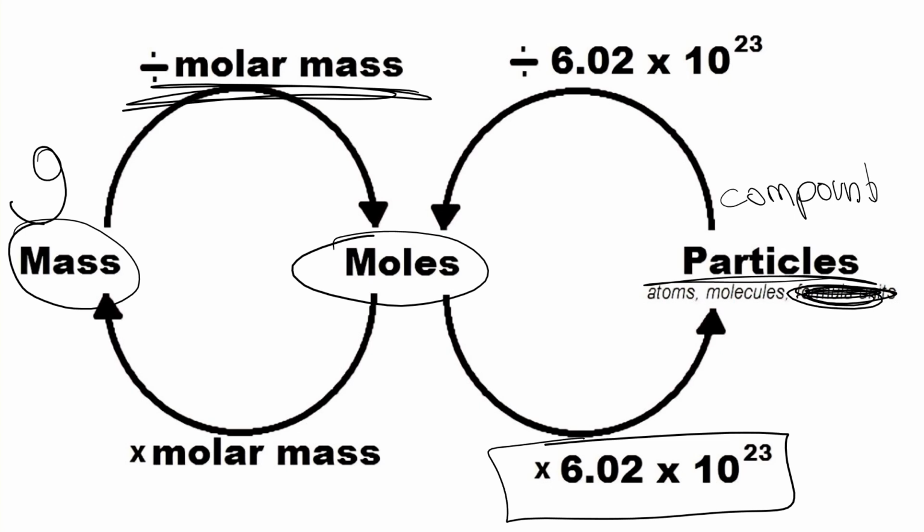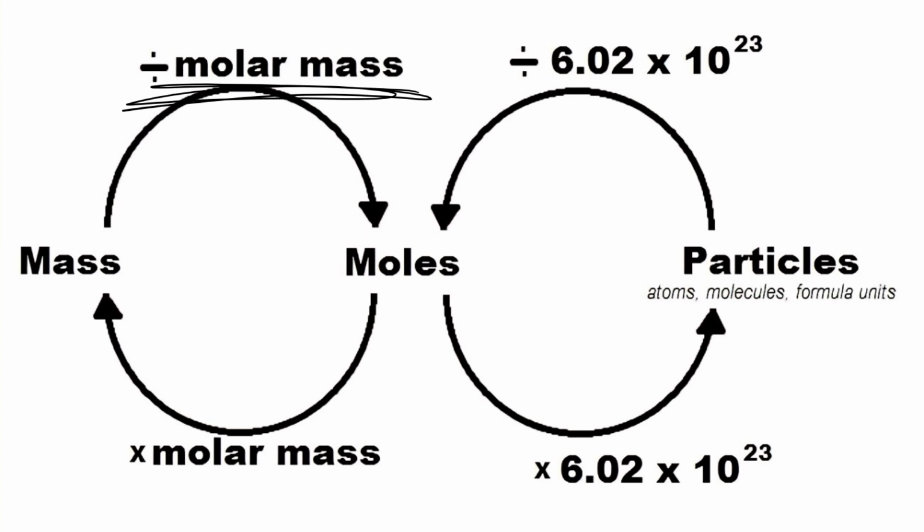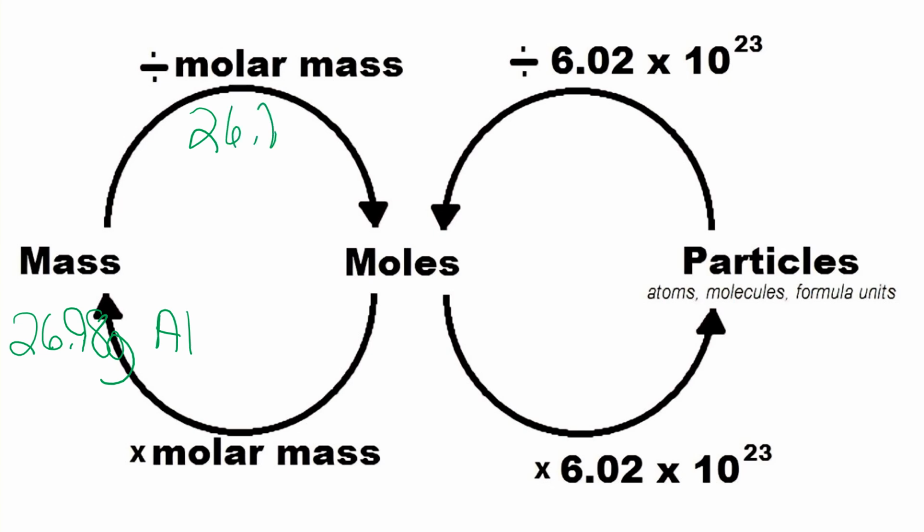And that's because, so we mentioned earlier, that aluminum has a molar mass of 26.98. So if you had 26.98 grams of aluminum and you divided it by its molar mass, which is 26.98 grams, you're going to have 1 mole of aluminum.